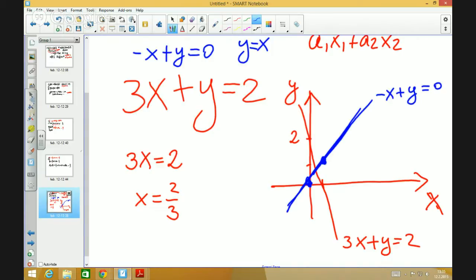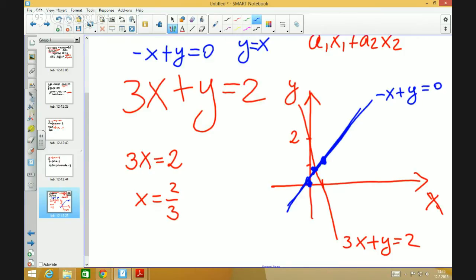So it must be on both lines. And there is only one point on both lines, and it's this one, which you can figure out what that is. Okay?